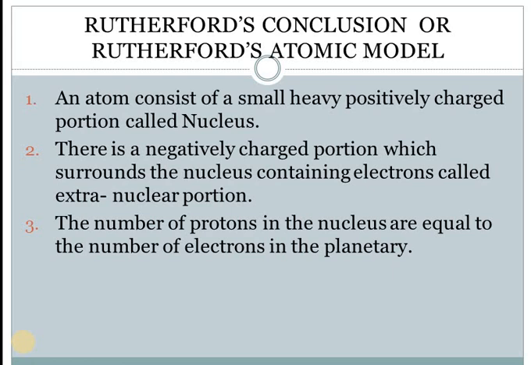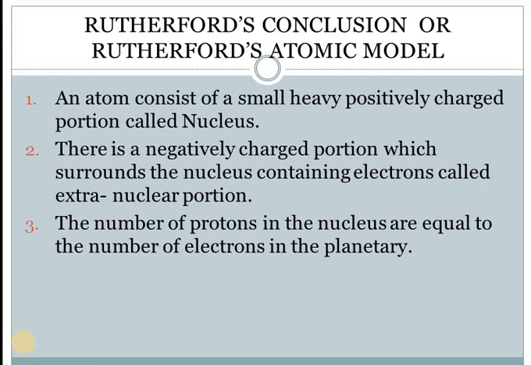Second, there is a negatively charged portion which surrounds the nucleus and contains electrons, known as the extra nuclear portion. Third, the number of protons in the nucleus is equal to the number of electrons in the planetary part.